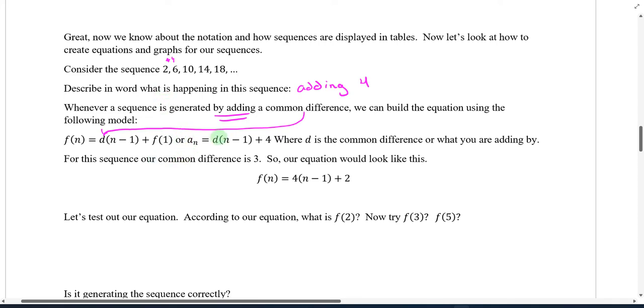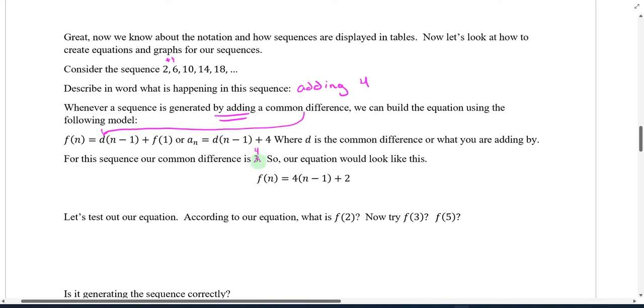So you can kind of see here, we can do a sub n, right? So instead of doing function notation, we can use the sequence notation as well. And really the only difference there is replacing f of n with a sub n. So d is the common difference that we're adding by. So for our sequence, our common difference, oh, it's not 3, that's a typo.